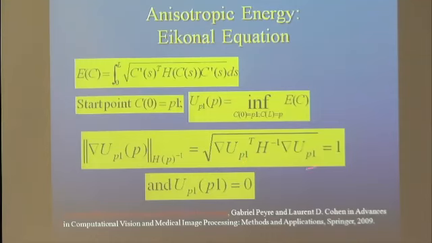So you have a more complicated eikonal equation to solve, and you still have the same boundary value U_P1(P1) equals 0.